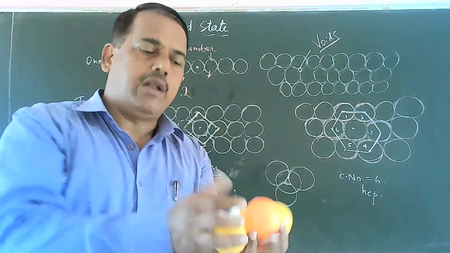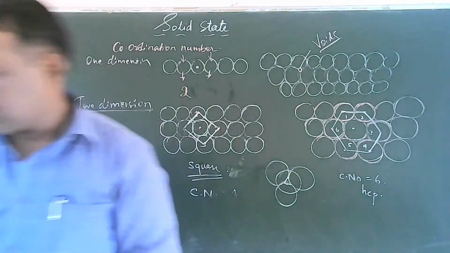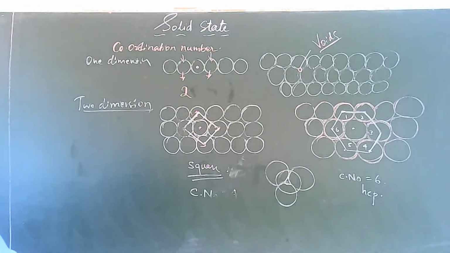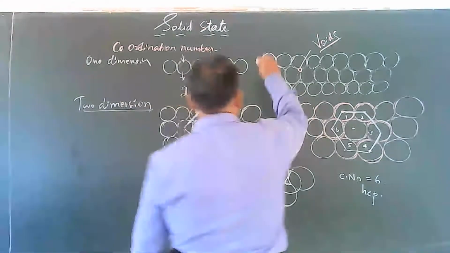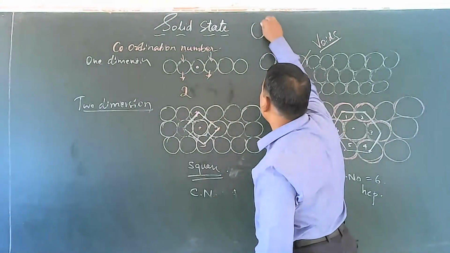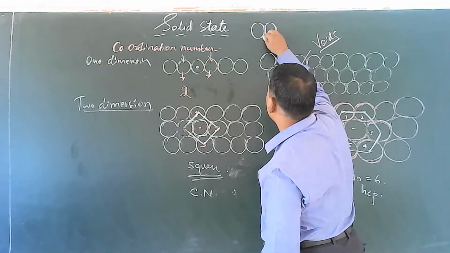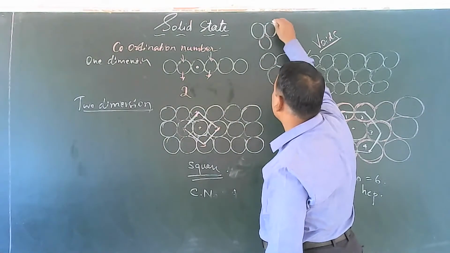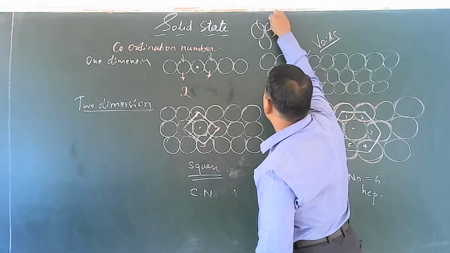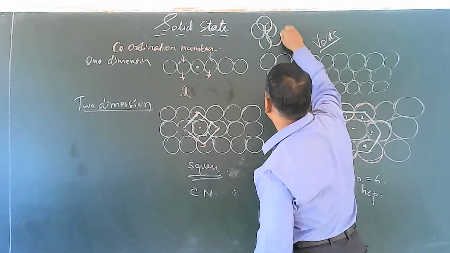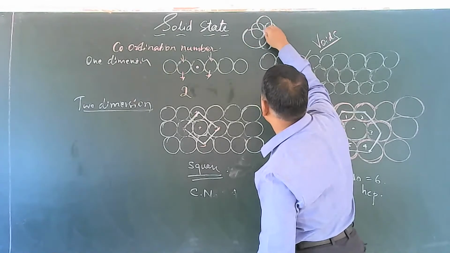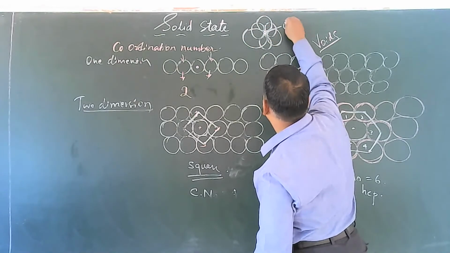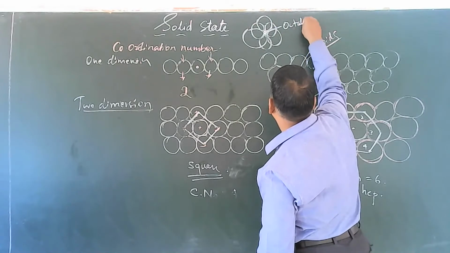And again, octahedral void. Octahedral voids are obtained by six spheres. See, shall I draw here? 1, 2, 3, and other. See, 1, 2, and 3. And this void is nothing but octahedral void.